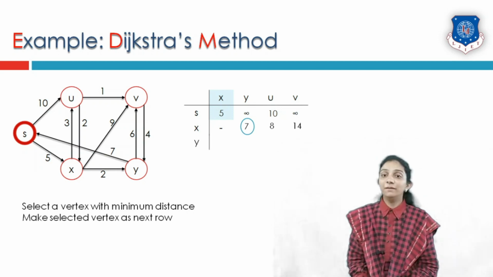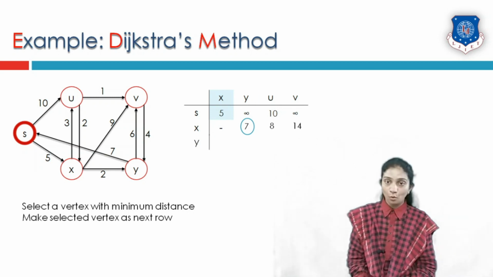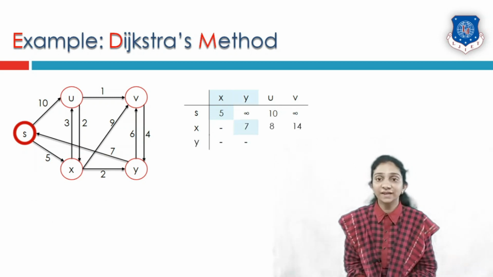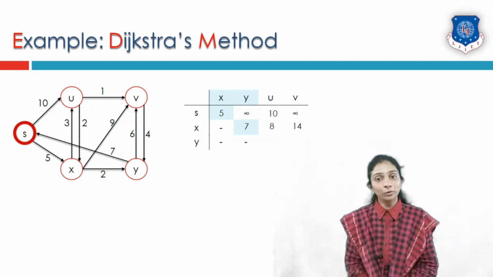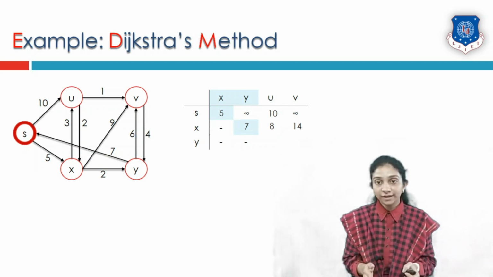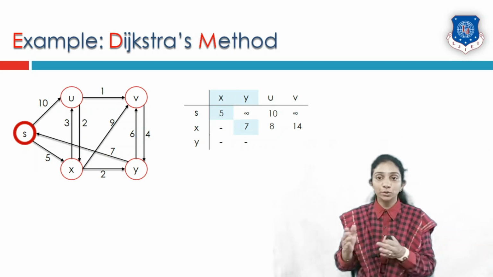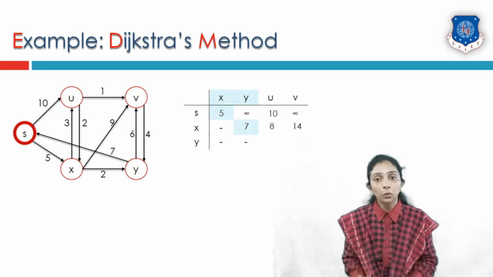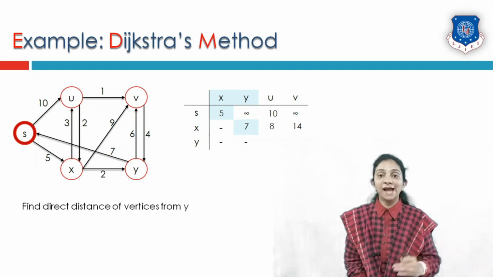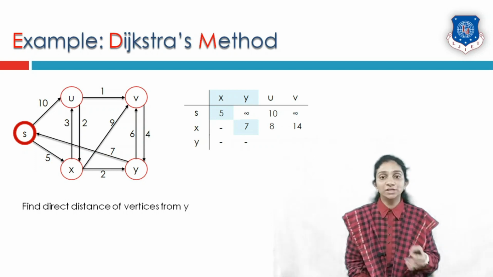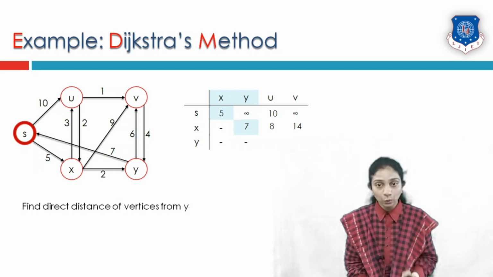So Y will be our next row. Since Y is selected, its column will now be put as dash. We find the vertex distance from Y to U and Y to V only. So here we will find out the direct distances from Y to U and Y to V.